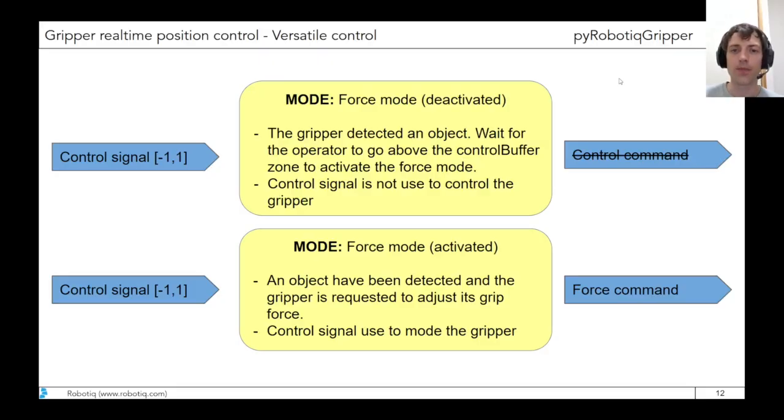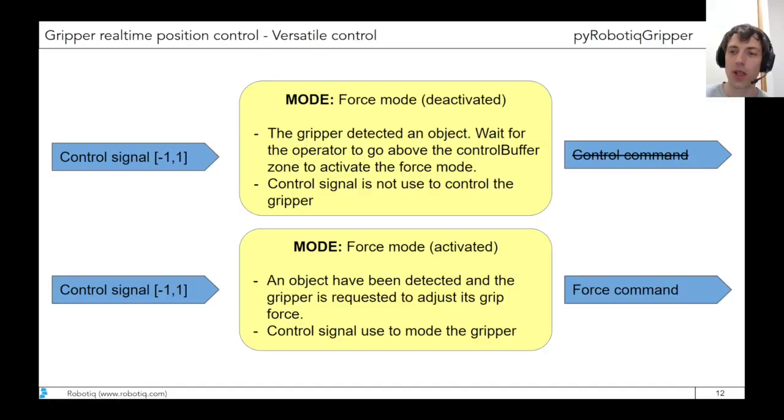We also don't use the control signal to control the gripper in this mode. We are just waiting for the operator to move the joystick above the control buffer. And once the operator does that, it switches to the force mode activated.